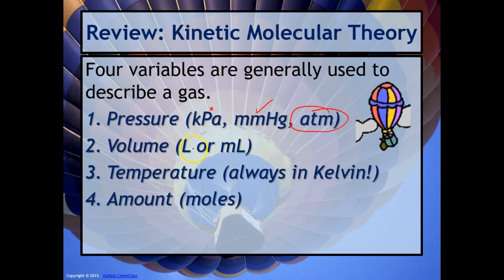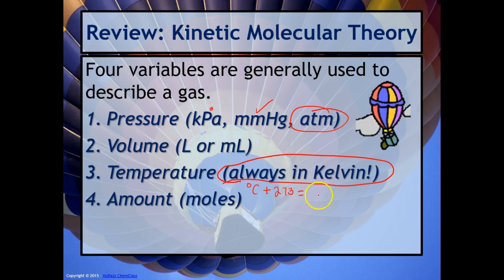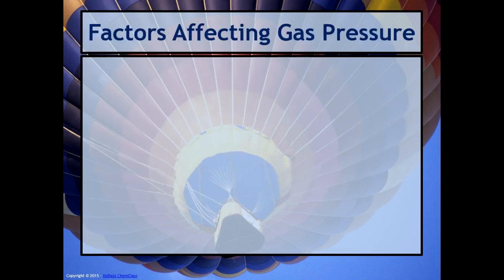Volume, you have liters and milliliters. Temperature is always in kelvins for gas laws. So if you have degrees Celsius, you have to convert to kelvins by adding 273, which gives you your kelvins. Amount of moles is usually the n value in an equation, and we know how to calculate moles.